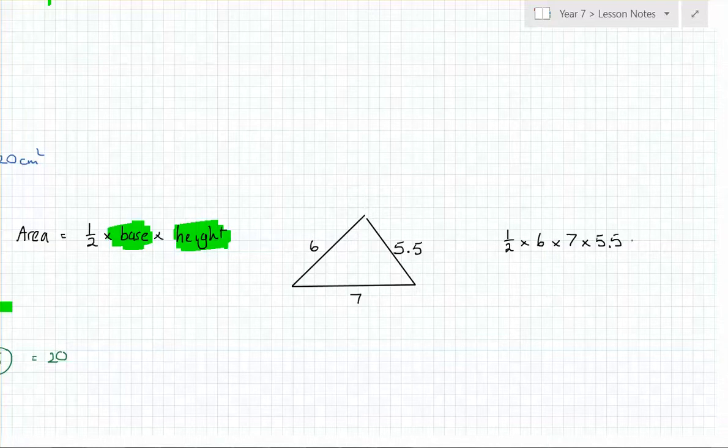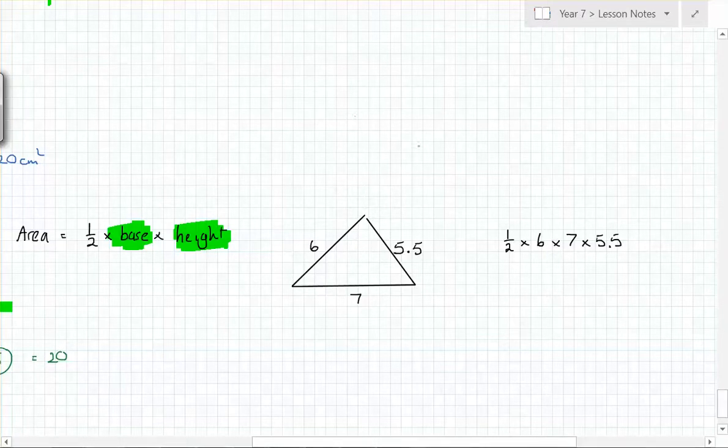Why? Right? You do a half times 6 times 7, and then you get that, and then you multiply your answer by 5.5. So what she's saying is right, you would say. It's the same thing. Well, half times 6 times 7 times 5.5.